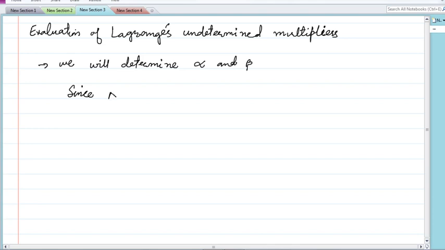from the previous knowledge that the total number of particles is basically equal to the summation of ni particles. Suppose this is our equation number 1.